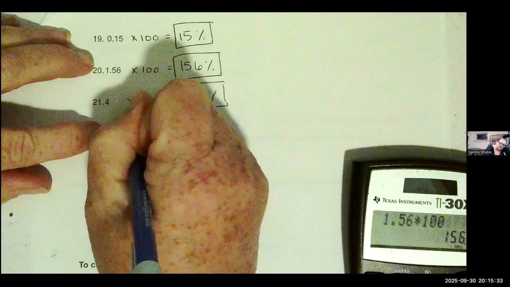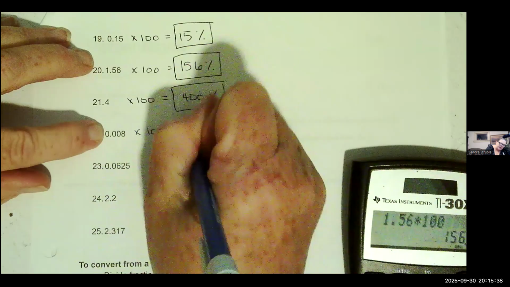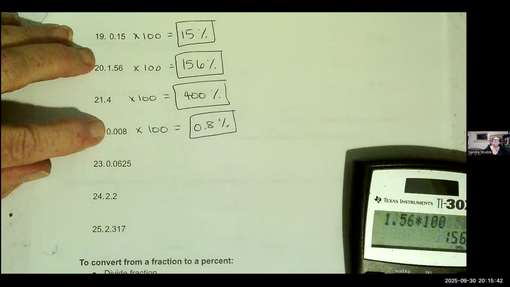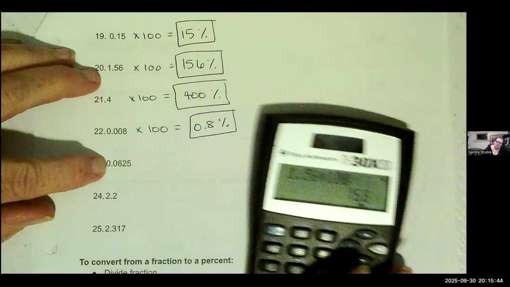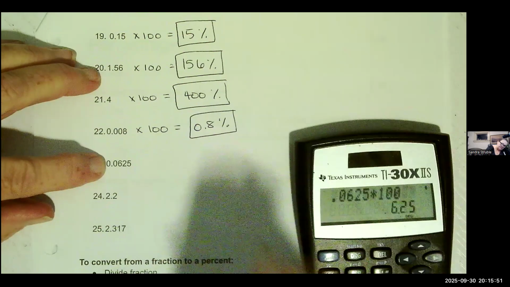0.008 times 100 is 0.8%. Don't freak out that it is a decimal. It's still a percent because it's been multiplied by 100. This next one is 0.0625 times 100 is 6.25%.